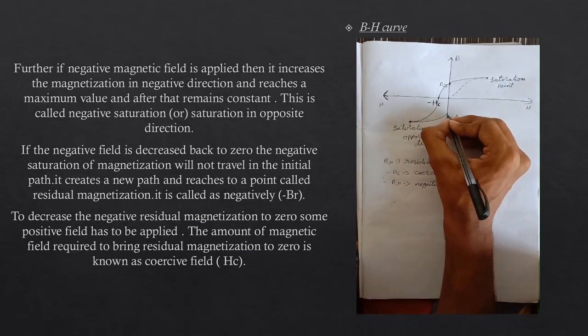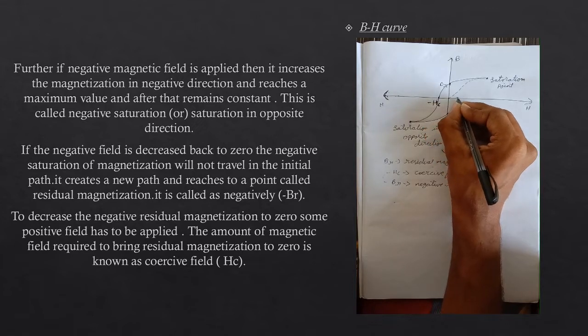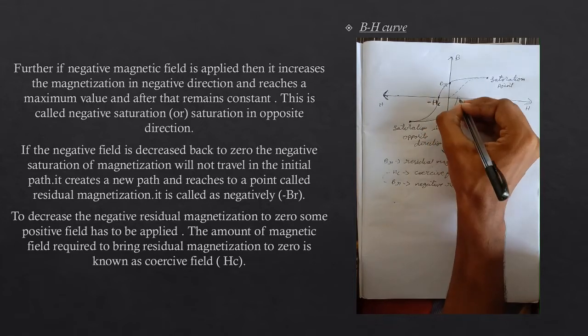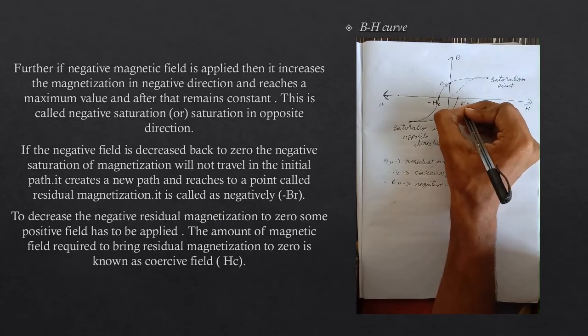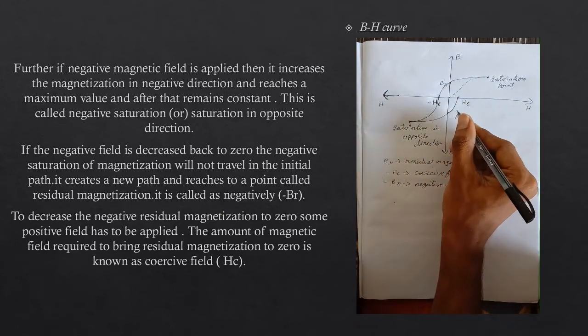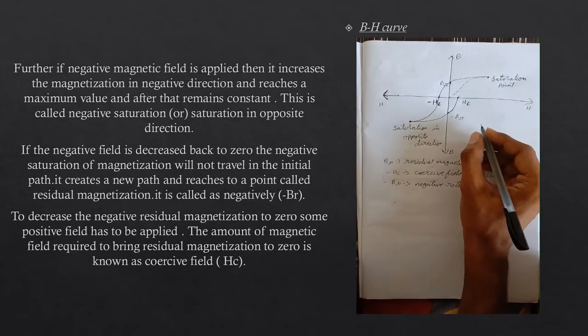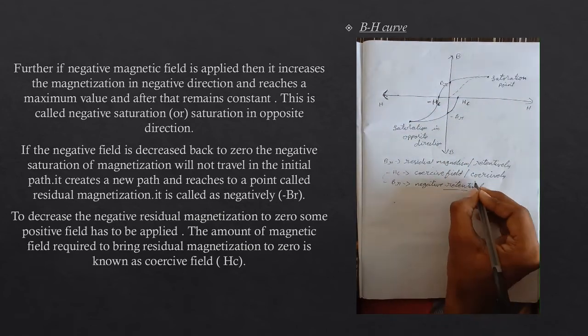And again, to destroy or make the negative residual magnetism zero, we apply a positive magnetic field on the material, and by this positive magnetic field it reaches a point on the H axis. This point is represented as Hc, as it is on the positive axis. Here Hc is also called the coercive field or coercivity, as we know from the definition of coercivity.